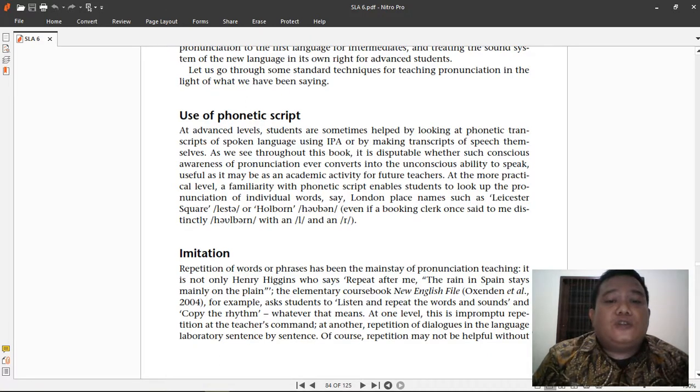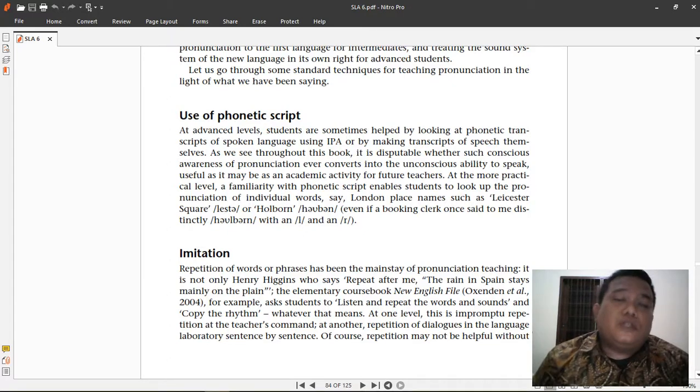At advanced level, students are sometimes helped by looking at phonetic transcripts of spoken language using IPA or by making transcripts of speech themselves. So this will help your students, and also this will help you as the teachers.